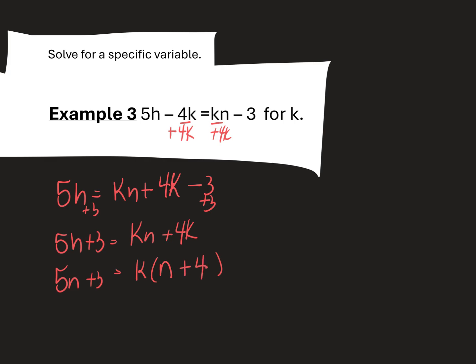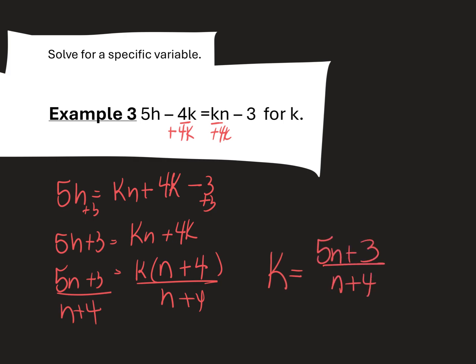And now I want to undo multiplying by n plus 4, so I would divide by n plus 4. k is going to equal (5h plus 3) divided by (n plus 4). And that's the answer to that example.